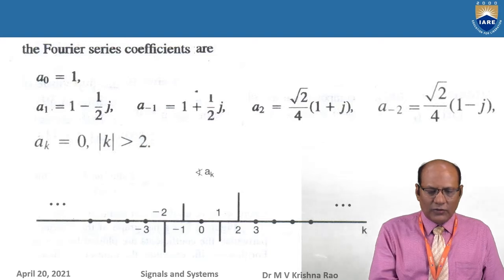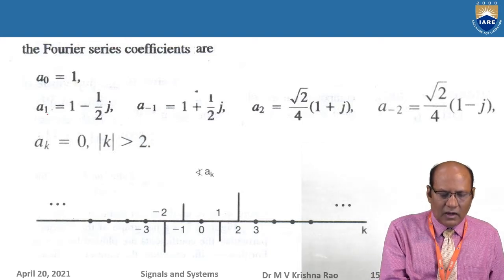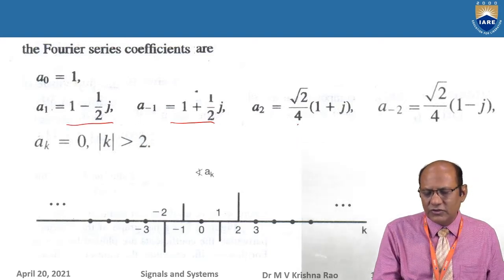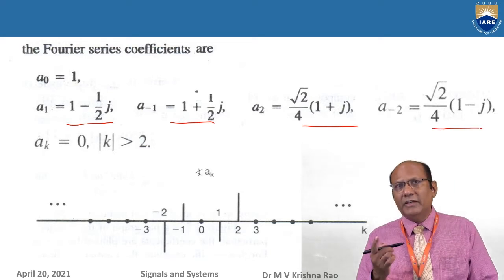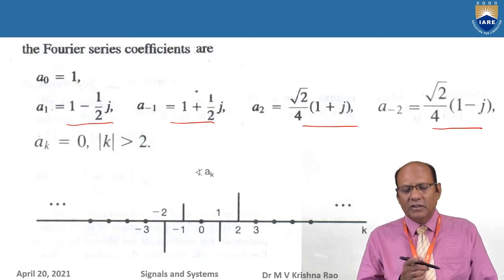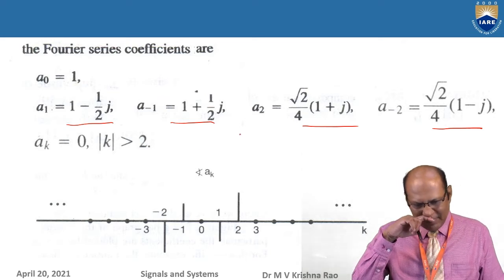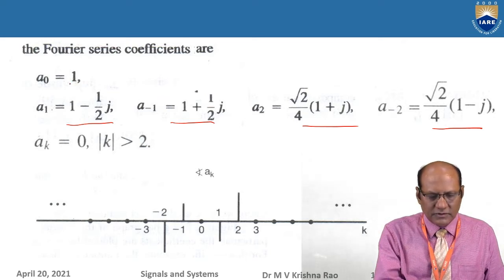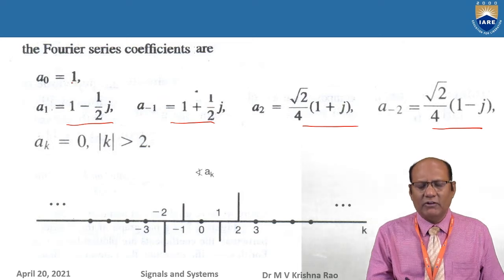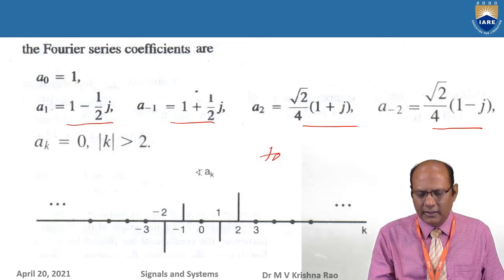Now, these coefficients are complex. So naturally, once you have the complex, you have the magnitude, which I have shown in the previous slide. You have an angle also. So what is this angle? A0 is a real quantity. How do you find this angle?